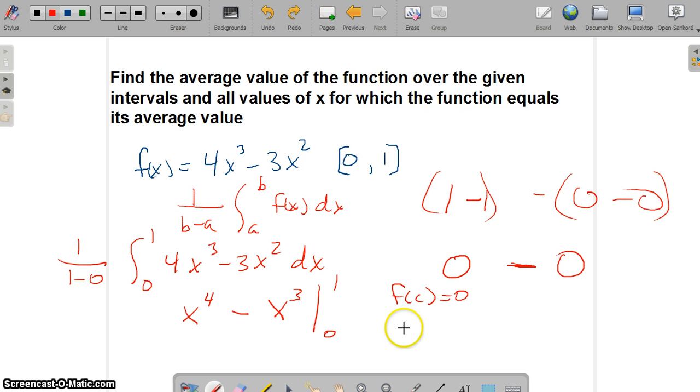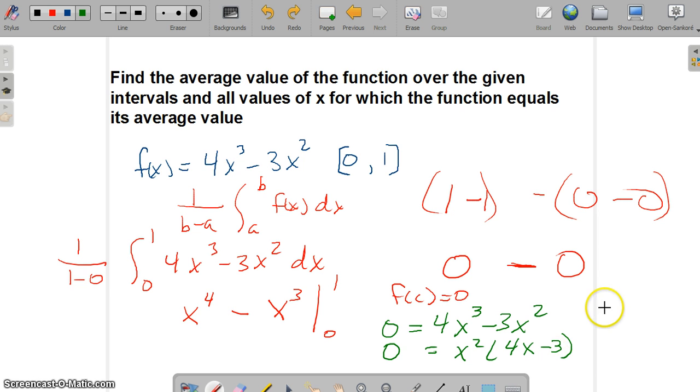And if I want to figure out what x would be, I have to set f of c equal to 0. So 0 equals 4x cubed minus 3x squared, and solve for x. Going back to some algebra 2, we're going to factor out an x squared and get 4x minus 3.